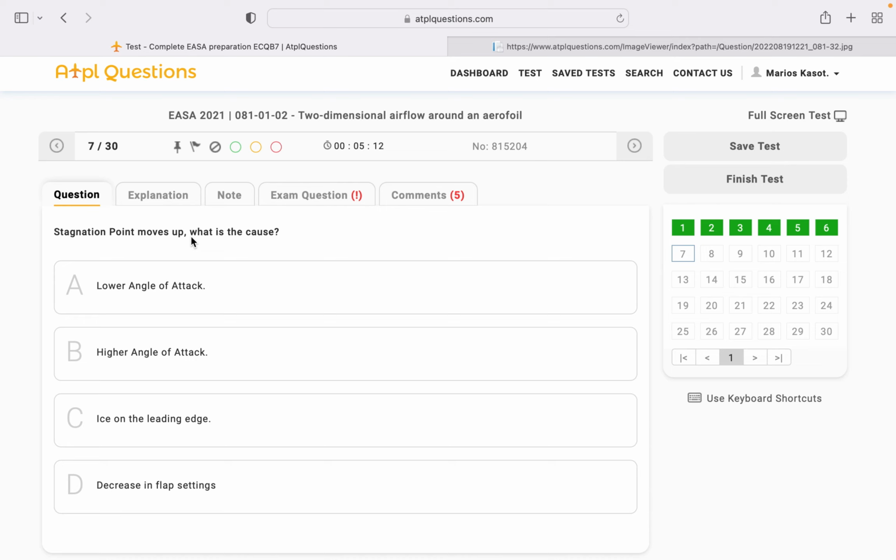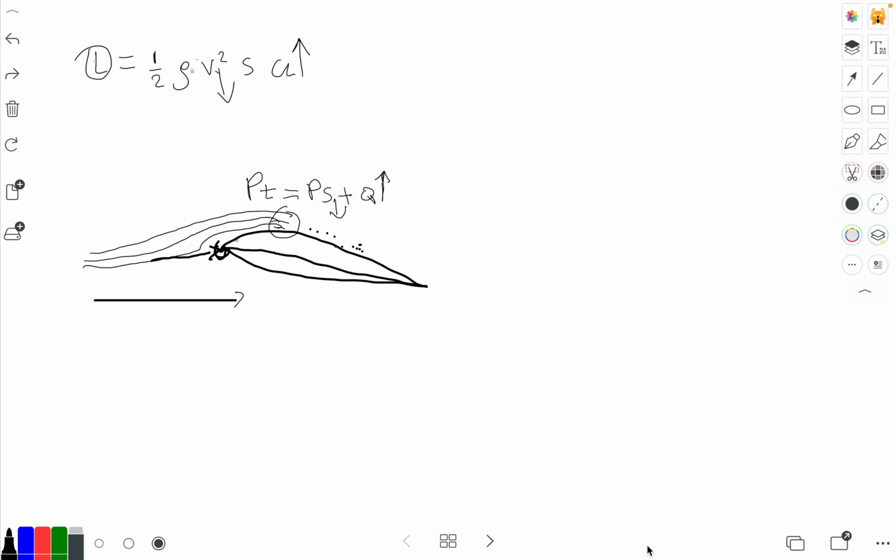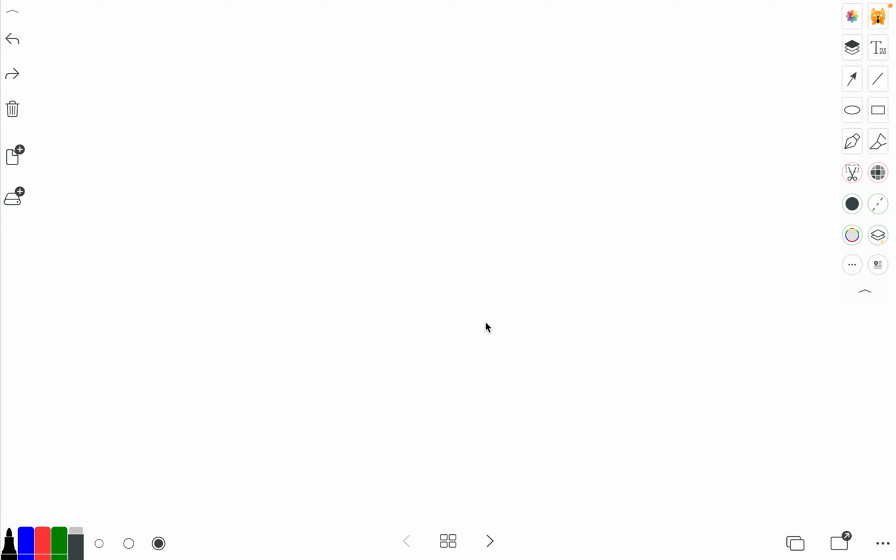Stagnation point moves up. What is the cause? If we increase our angle of attack, we see that the stagnation point moves down.